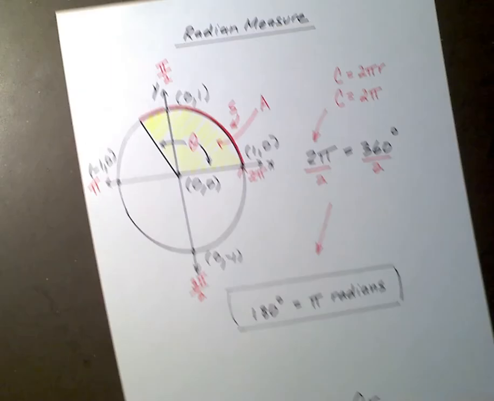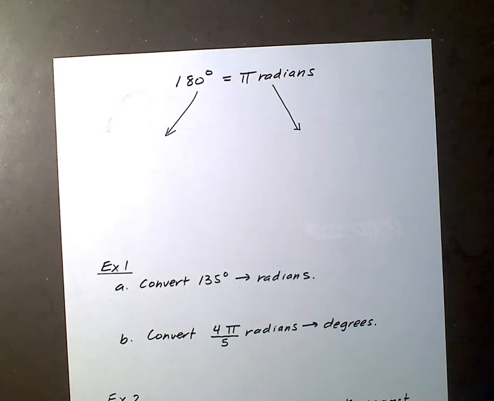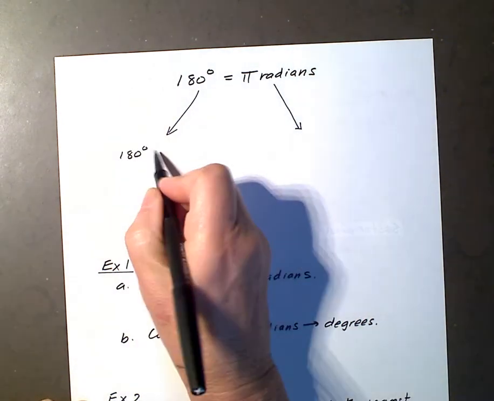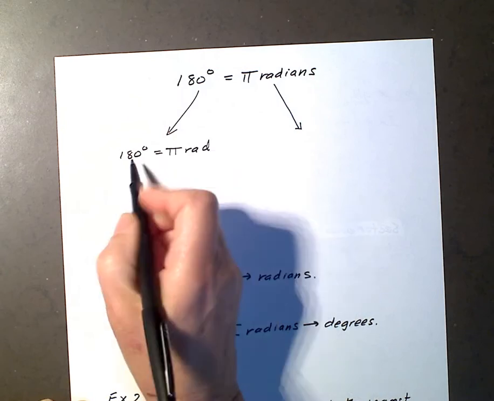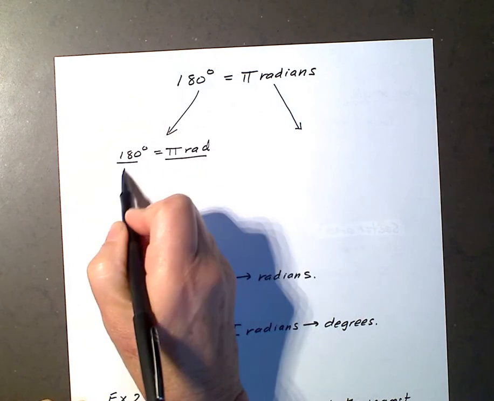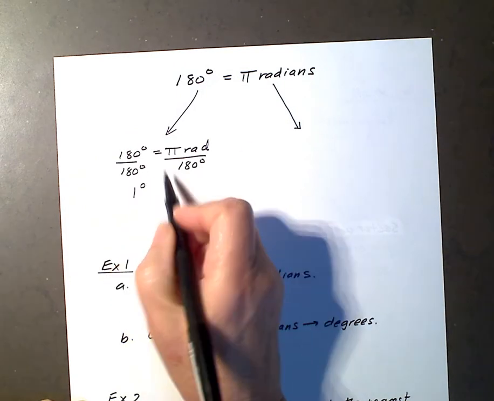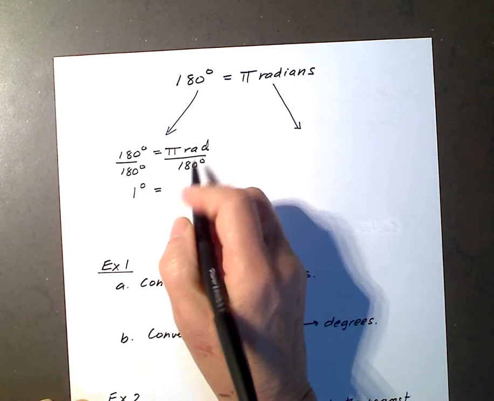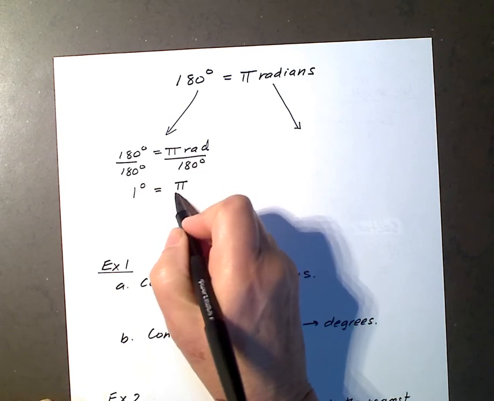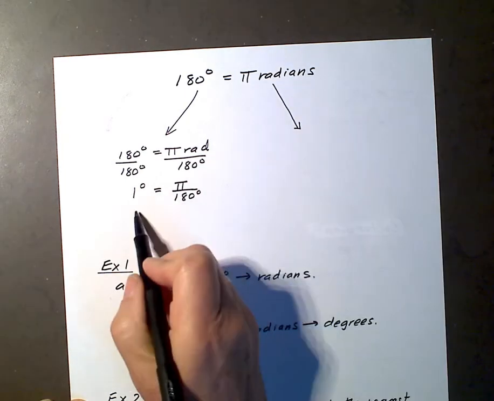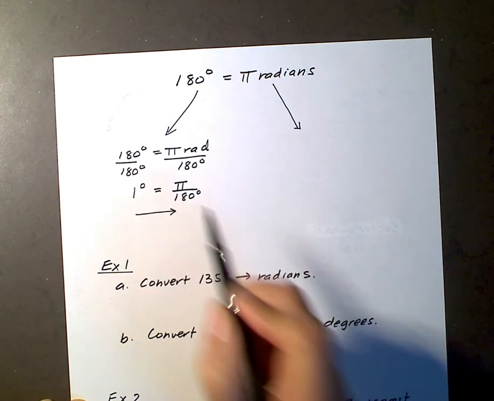So for our first example, let's come up with how the multipliers are derived for conversion. This is nothing more than like converting feet to inches or something. If I start with 180 degrees is equal to pi radians, and I want to know what 1 degree is, I would divide both sides of this equation by 180 degrees, and I would get 1 degree is equal to pi over 180 radians. So if I want to go from degrees to radians, this is the multiplier I would use.